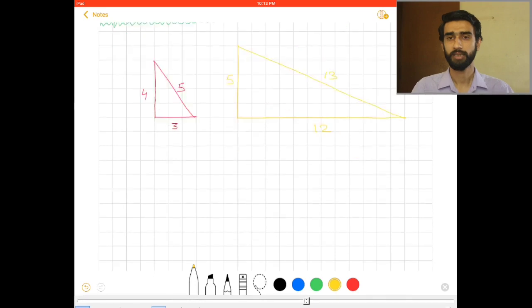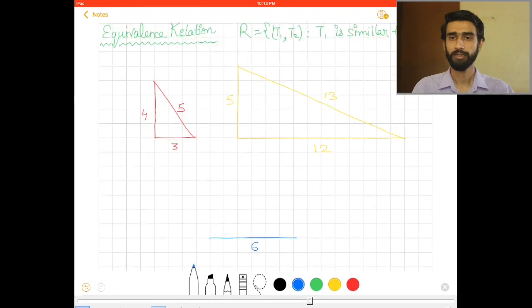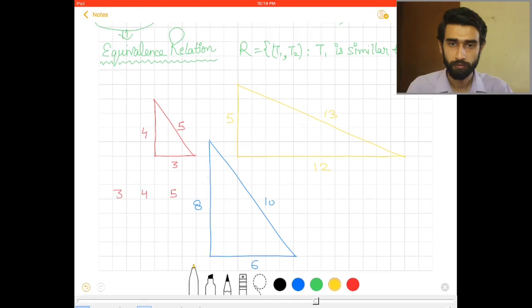Then I will draw a third triangle with the given sides, 6, 8 and 10. Now what he is asking, उसने कहा है कि इनमें से कौन से आपस में related हैं.